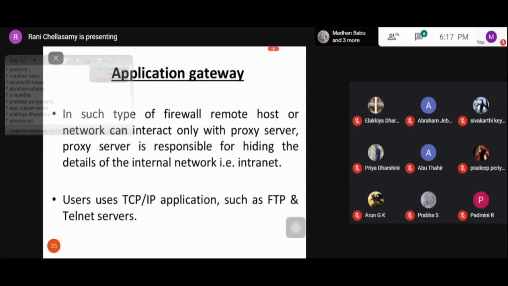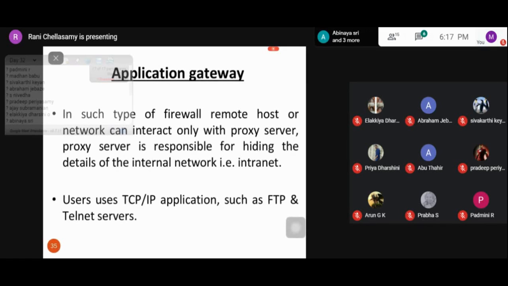A proxy does the process of a server, and data can be accessed through the proxy server. This proxy server is responsible for hiding the confidential information or details that are stored in the internal network or intranet. Okay.